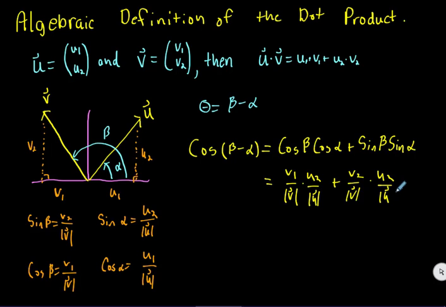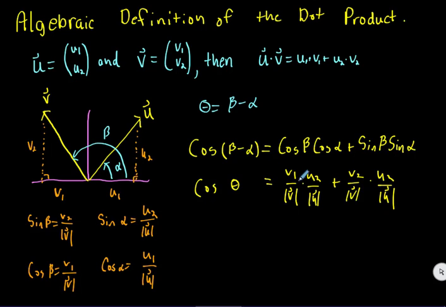And we know this side here is beta minus alpha, so we can write that as the cosine of theta, which is the angle between these two vectors. And if you notice, in the denominators I have magnitude u and magnitude v.